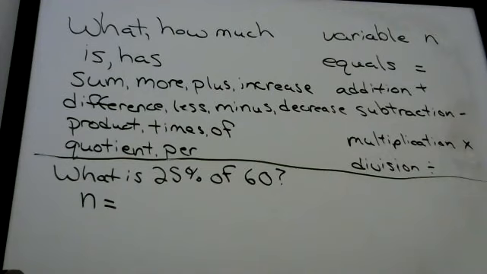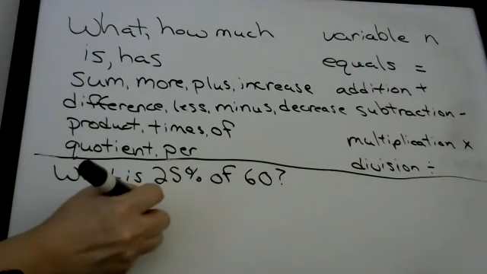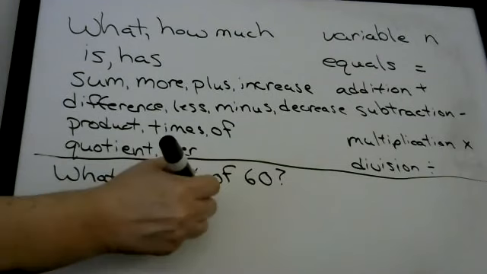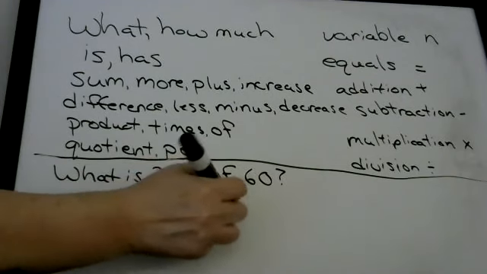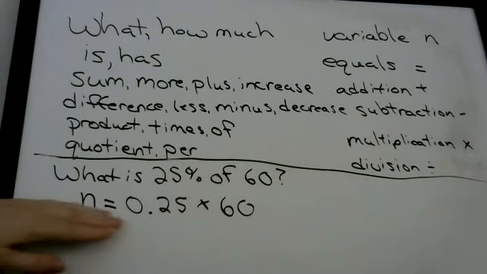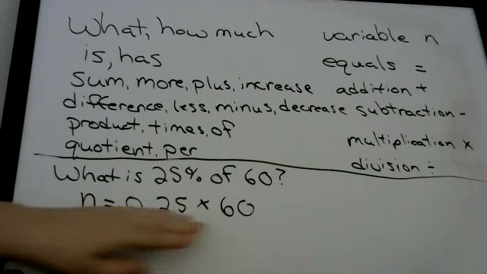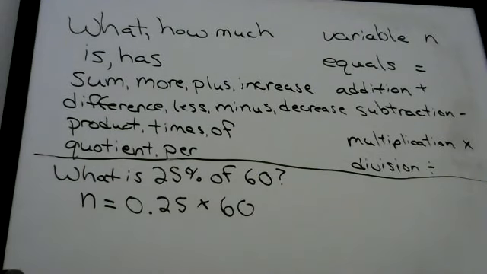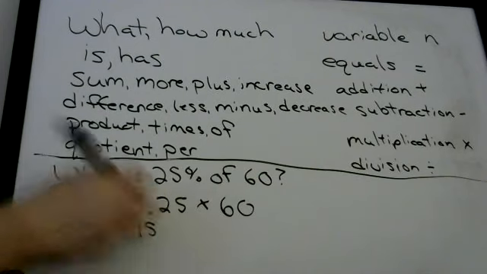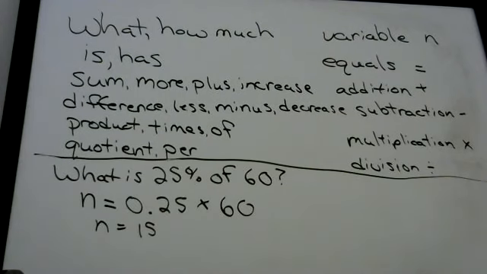If you don't know how, you need to watch the video on percentages. So I'm just going to assume you know that. We write that as 0.25. Of means times or multiplication 60. So to figure this out, what is 25% of 60? It's 0.25 times 60. And so the answer is 15.